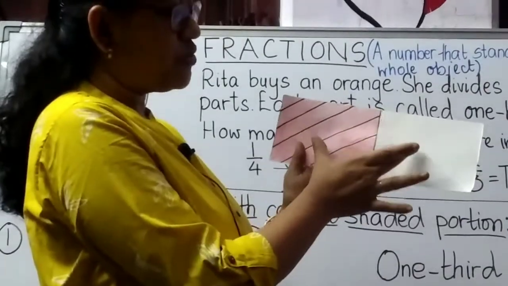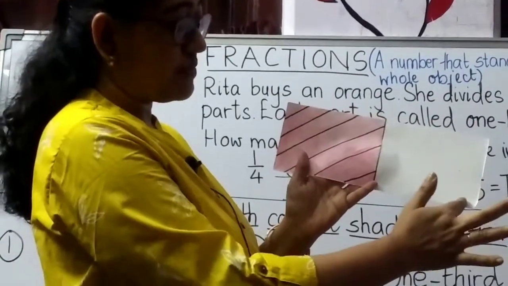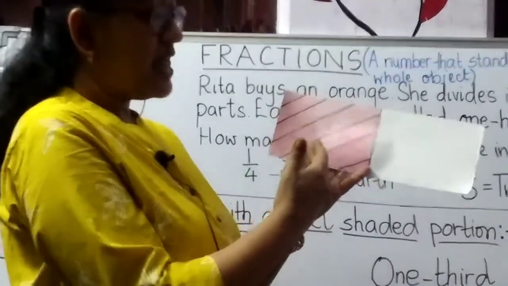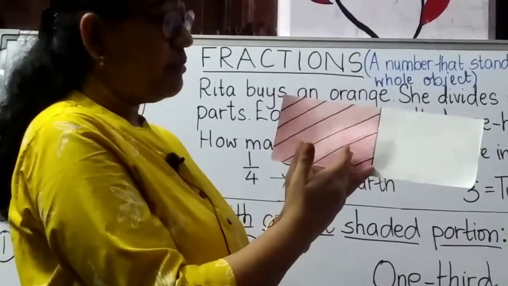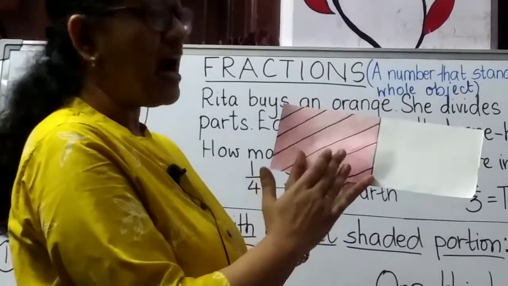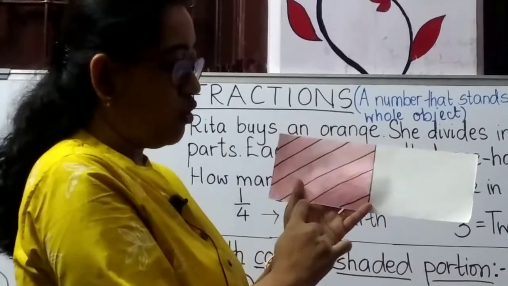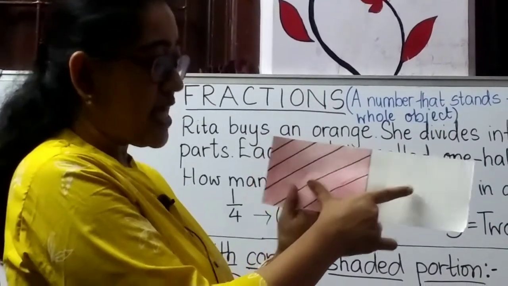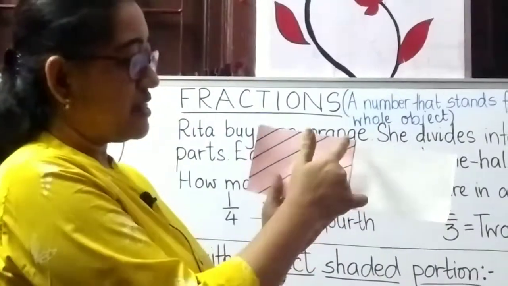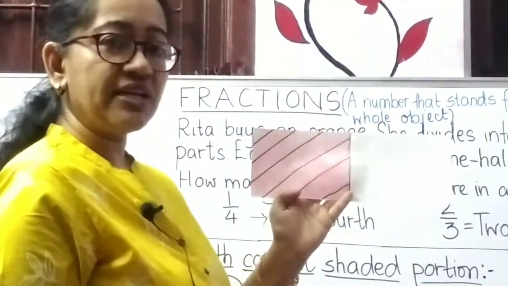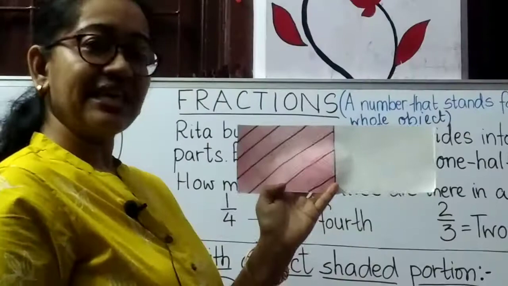So there are two parts in an object and one part is shaded. Then the shaded part will be described as half, 1/2. This is the whole object. There are two parts. Among these two parts, the shaded part is 1. So 1/2 is depicted in this manner.